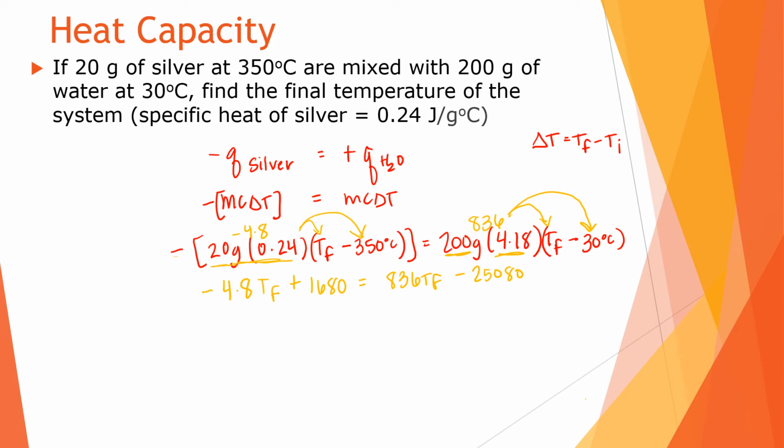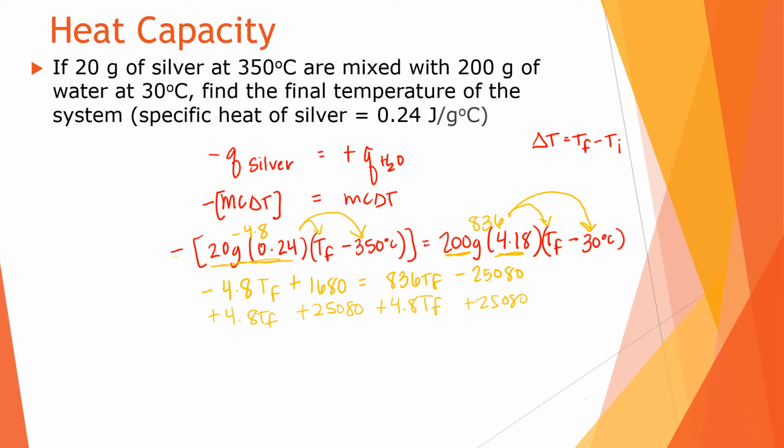I like positive numbers, so I'm always going to add things to the side that makes them positive. So I'm going to do plus 4.8 TF, and then plus 25080.